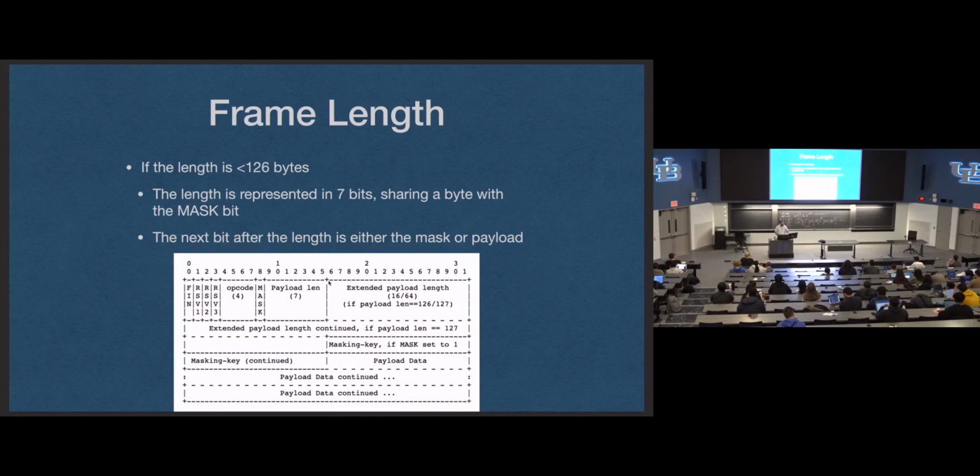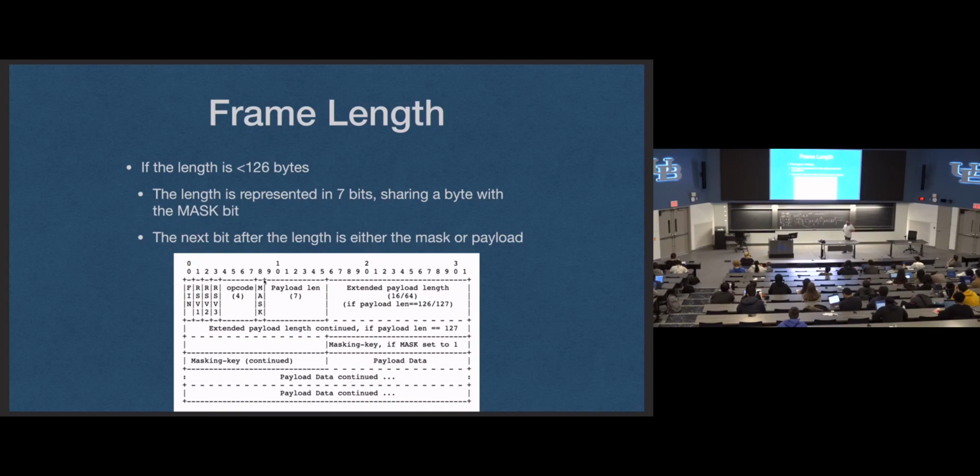So the payload length is going to be these 7 bits if the payload length is less than 126. Let me explain this in terms of parsing. When you're parsing the payload length, you're going to extract those 7 bits and read its value.